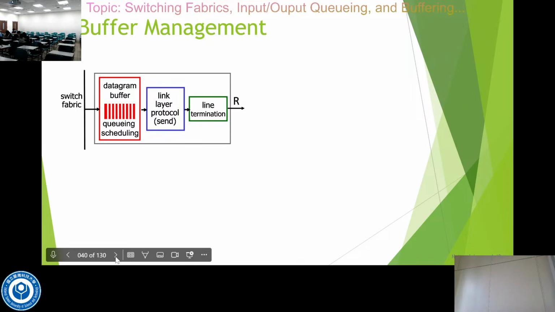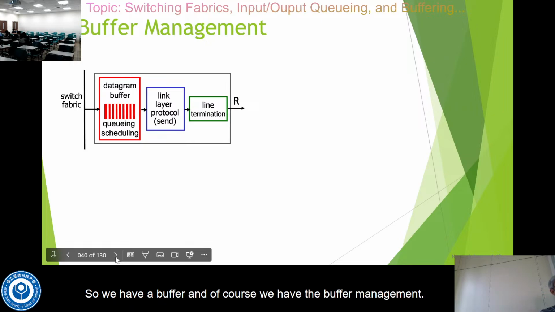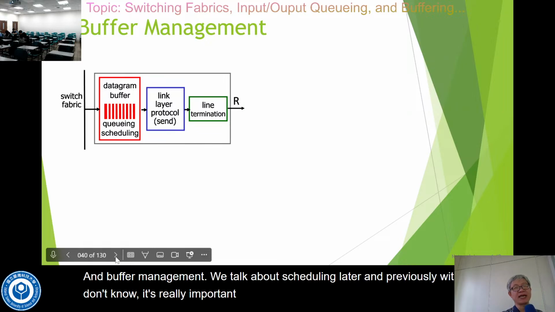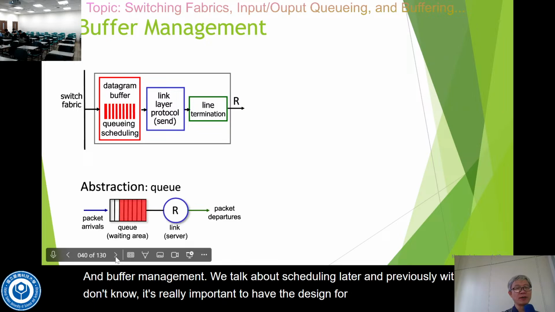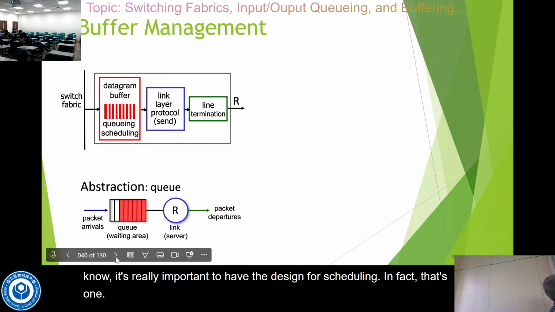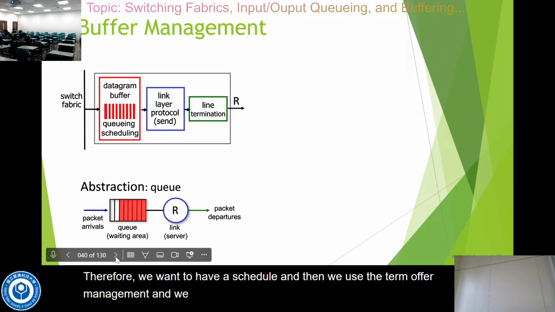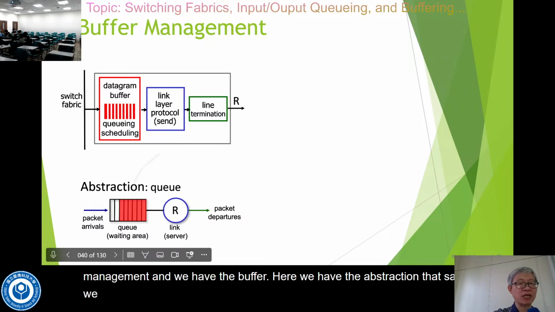Well, so we have a buffer, and of course we have buffer management. Buffer management, we talk about scheduling later. Previously, we didn't know it's really important to have a design for scheduling, so we want scheduling, and then we use the term buffer management. We have the buffer here, and we have an abstraction: a concept of a queue first.